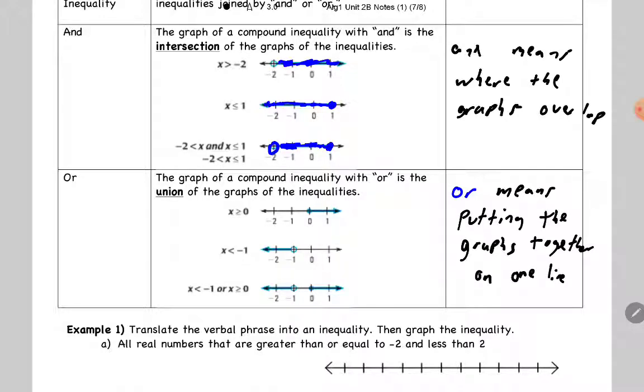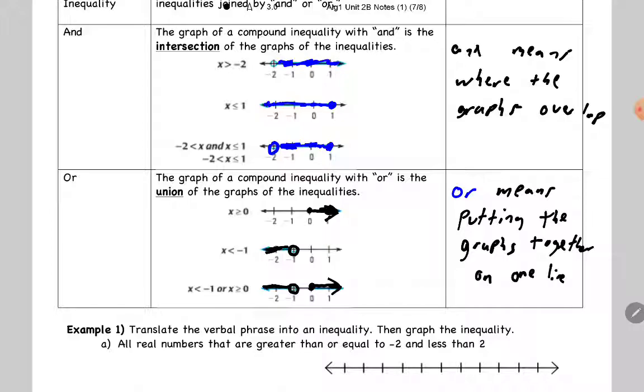So here we have x is greater than or equal to 0, so we make a dot and then shade to the right. And then here we have an open dot, shade to the left. When we use "or" to combine these, we just graph both. It doesn't matter if they overlap, we just graph it how it is.